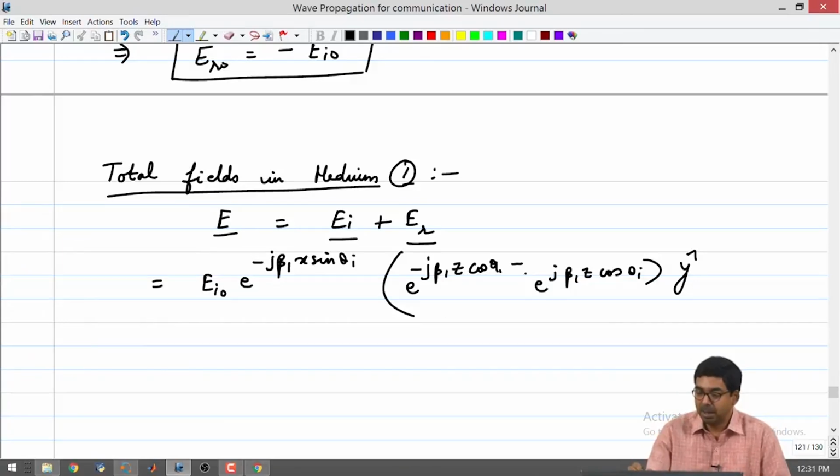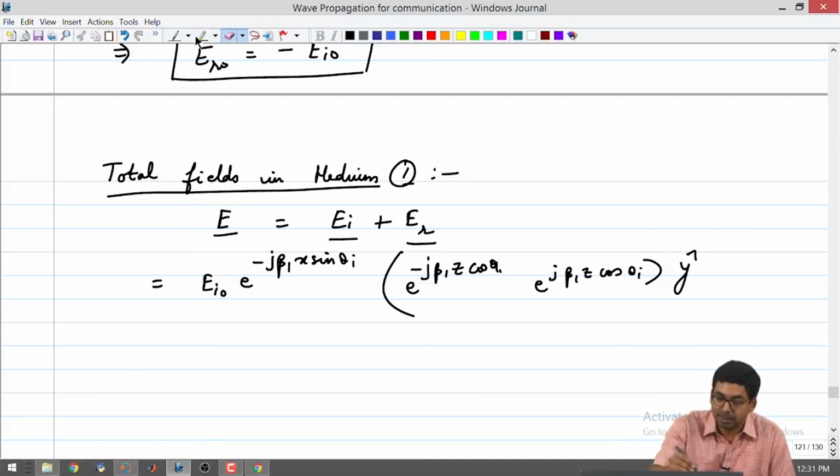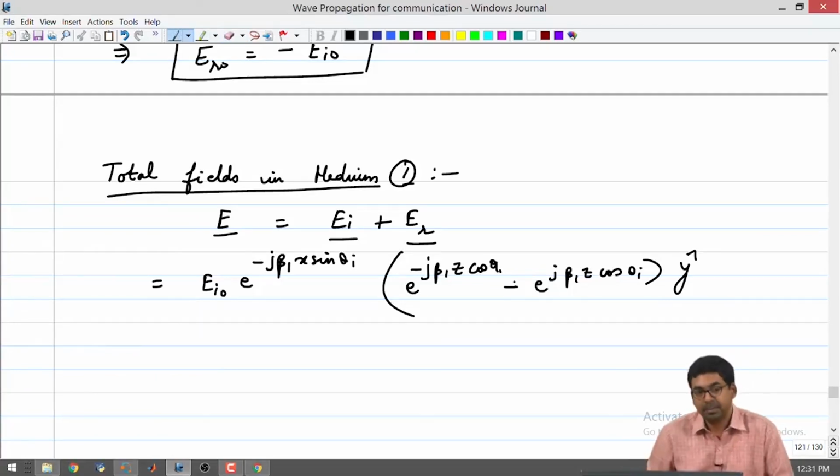The minus sign is simply coming because ER is the negative of EI, all right. So, it looks like e to the minus j beta 1 z cos theta I, and again that minus sign will cause confusion, so I will put it here. So, it is e to the plus j beta 1 z cos theta I.